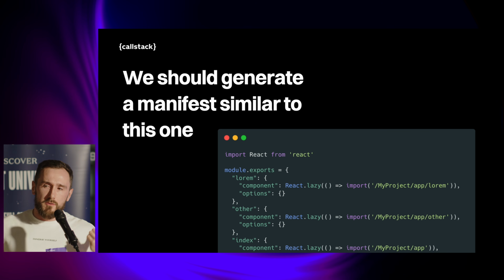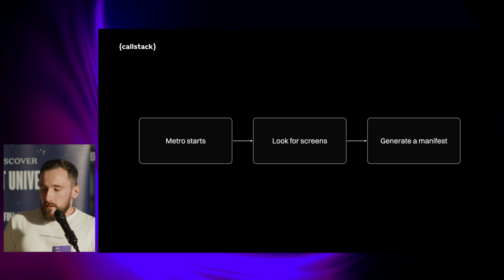So those are no longer considered dynamic, so Metro will include all of those screens in the final application. To sum up, every time Metro starts up, I scan the selected directory. In my case, it was the app directory, just the same as in Next.js. And I generate the manifest from what I find inside.